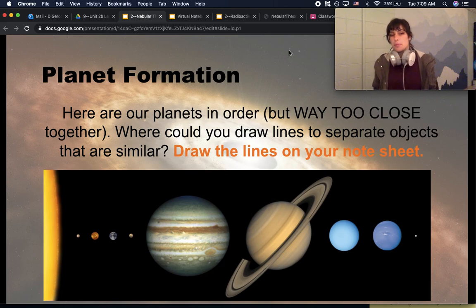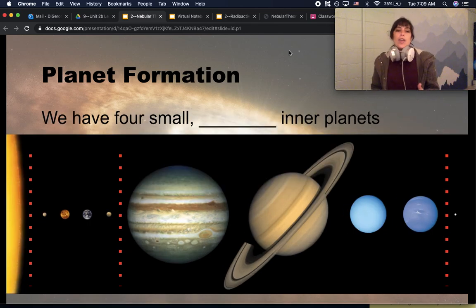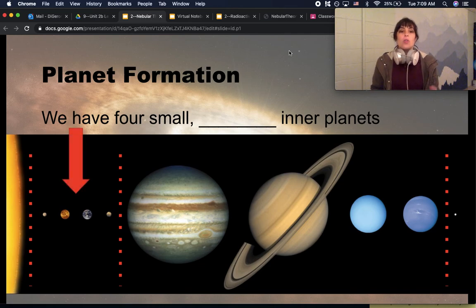Well, I would probably draw the line in between the tiny rocky planets and the huge gaseous planets. And then I'll probably draw another line before Pluto, but some people say Pluto's not even a planet, so there's that. We have 4 small rocky inner planets.